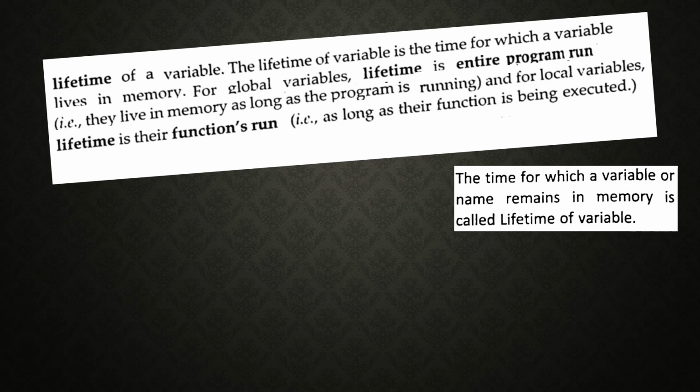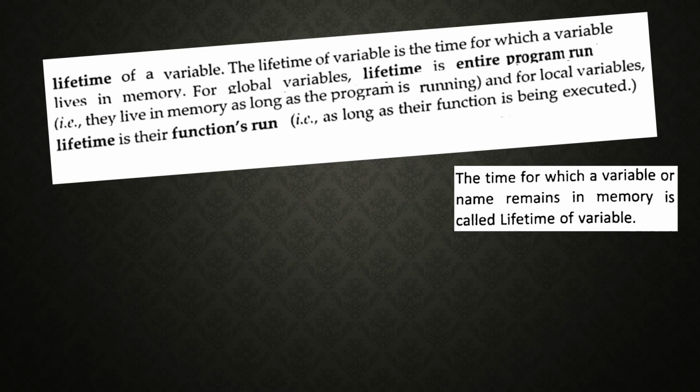So what is the lifetime of a global variable? The lifetime of a global variable is the entire program run. That means whenever the program is executing, its variable is available, so we can access such variables. And what about local variables?